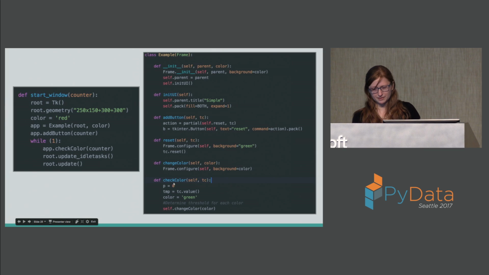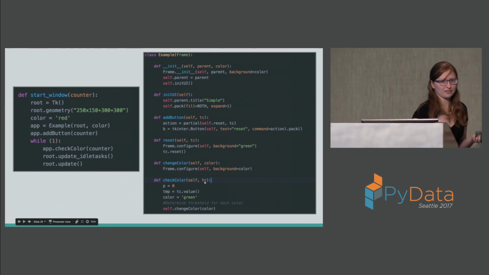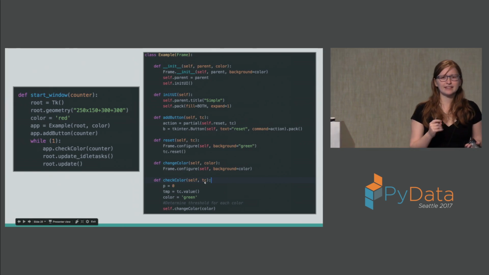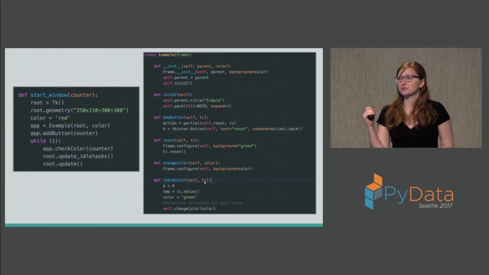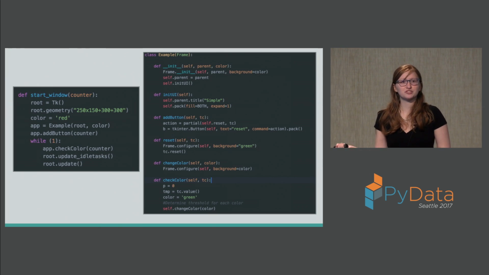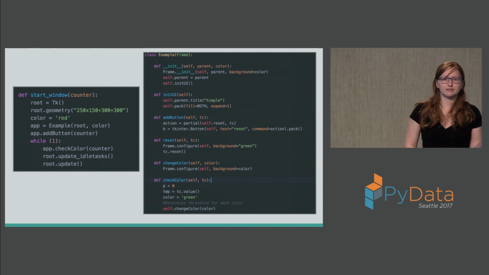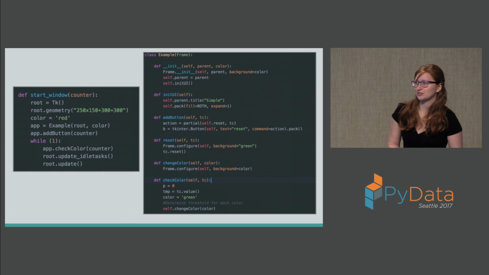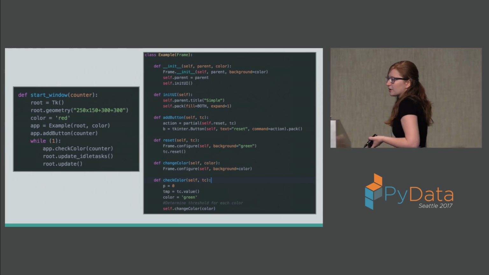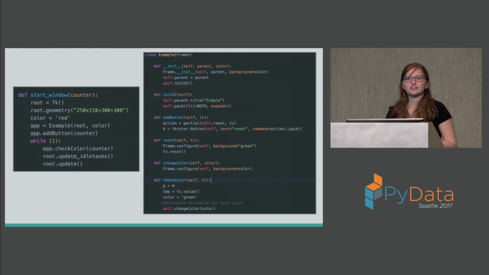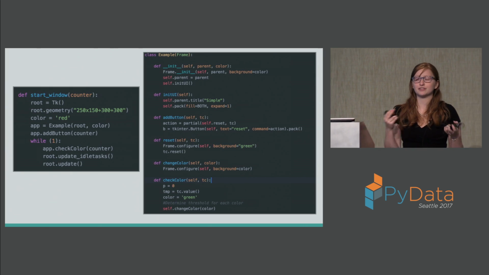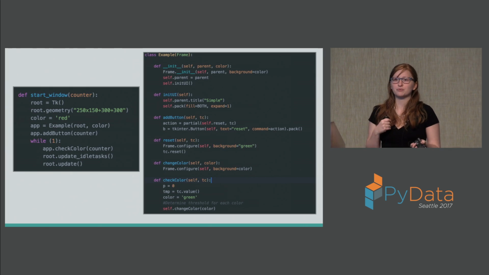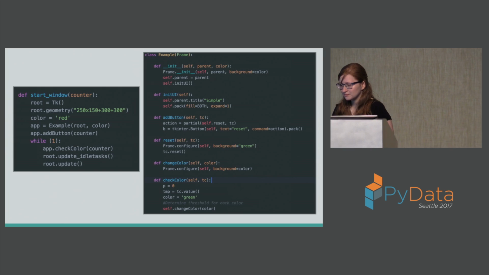This TC is my thought counter, and it's actually a shared variable between my other process, the Muse, which is constantly reading in the signal, and my actual tkinter process. If you have questions on how to share values when working with locks and everything, I can definitely answer them afterwards.